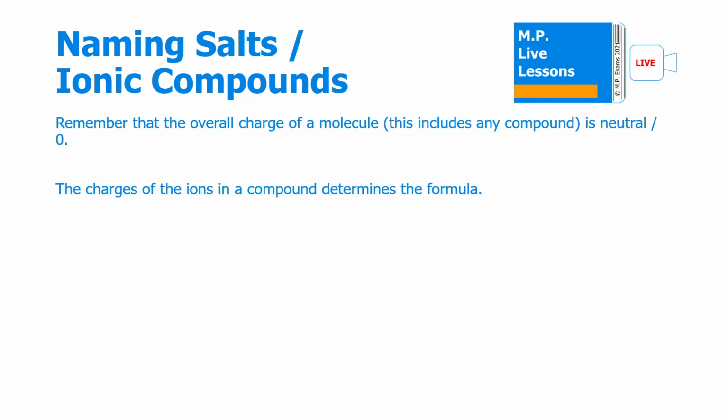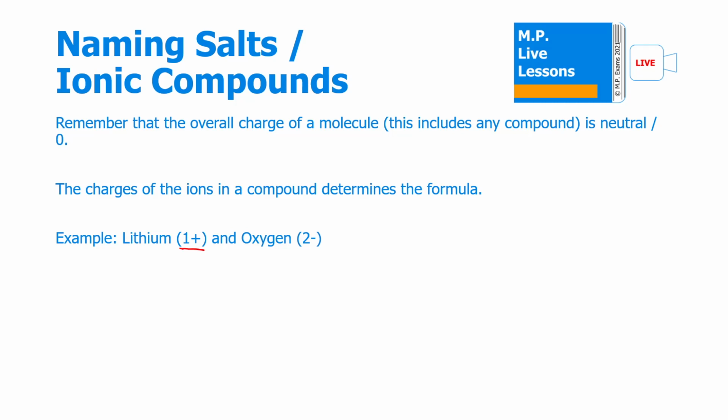So the charges almost determine the formula of a salt. For example, if we use our example again with lithium and oxygen, we knew that lithium is a group 1 element, and that will form an ion with a 1 plus charge, while an oxygen atom is from group 6. It needs to gain 2 electrons and is a 2 minus charge ion.